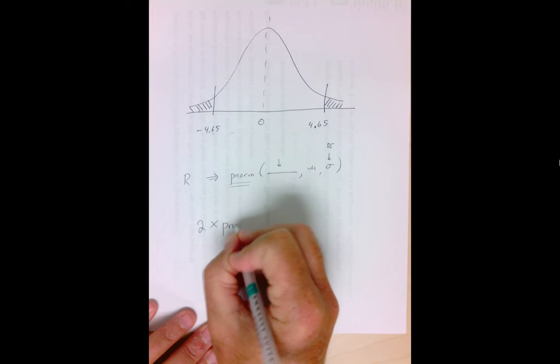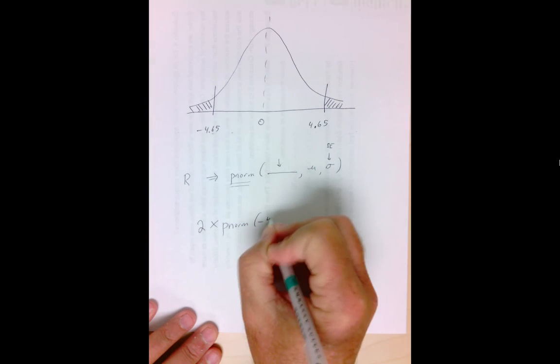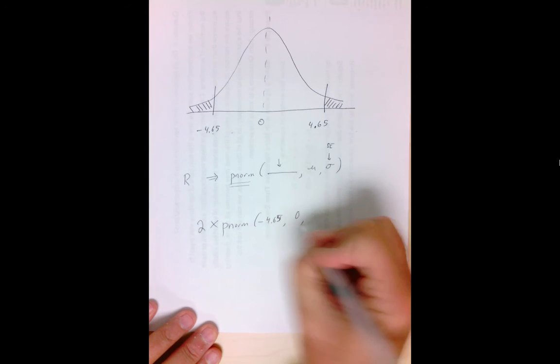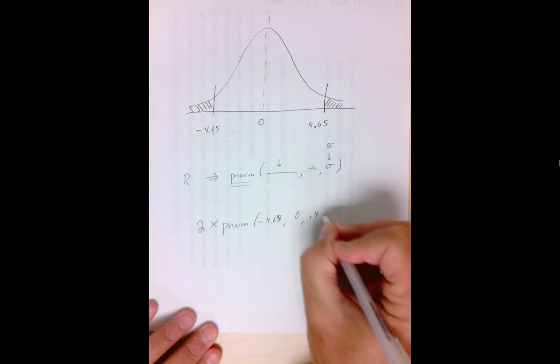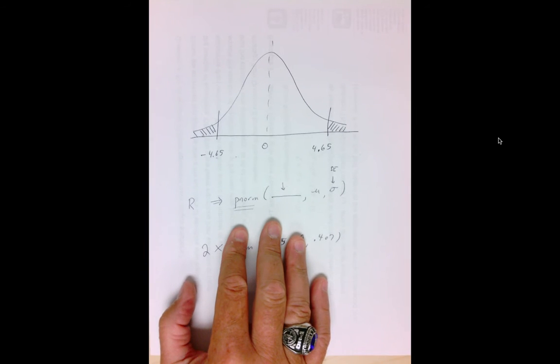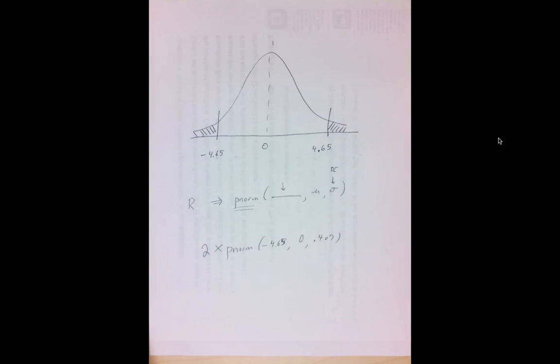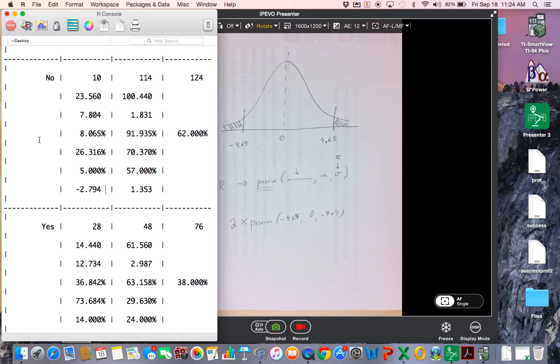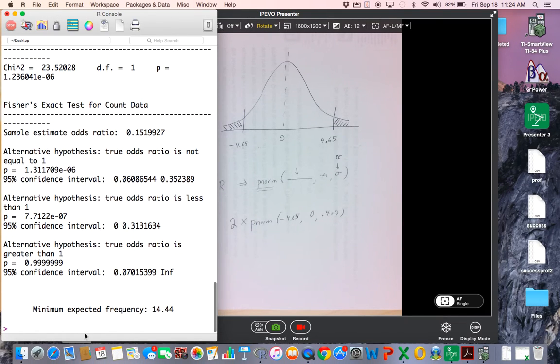pnorm, negative 4.65, mean is 0, and our standard error was 0.407. So we're going to get a rather low p-value here. Let's take a look at this.